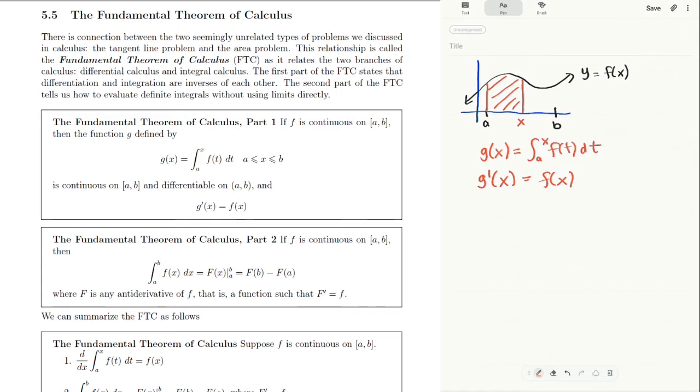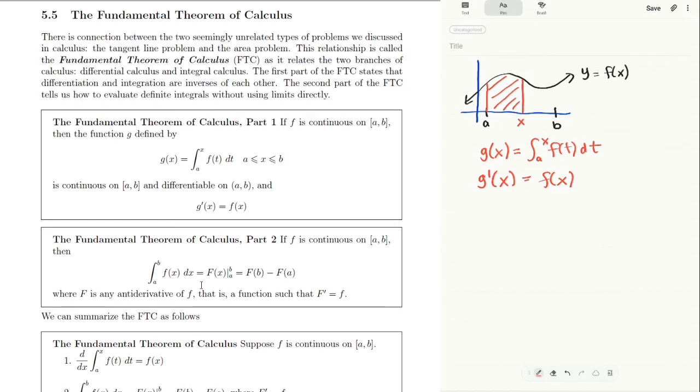Now, the second part of the fundamental theorem of calculus states that the integral from a to b of f of x dx is equal to capital F of x evaluated at b and a. So this is a shorthand notation for capital F of b minus capital F of a. Now capital F is any antiderivative of little f, meaning that if we differentiate capital F, then we get little f.